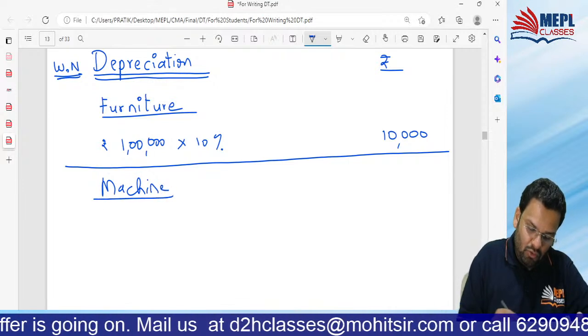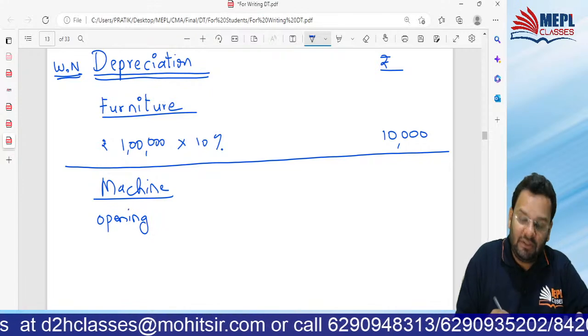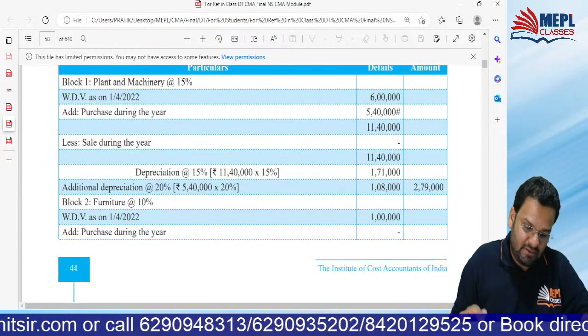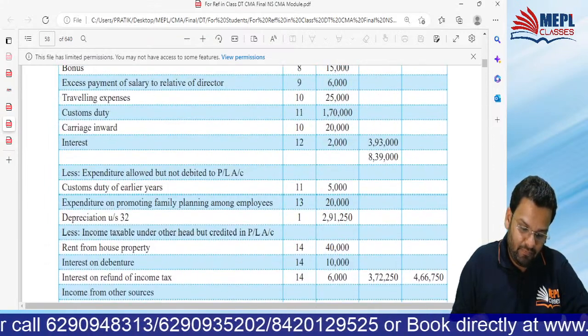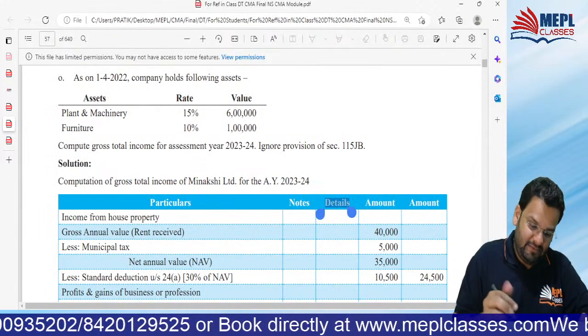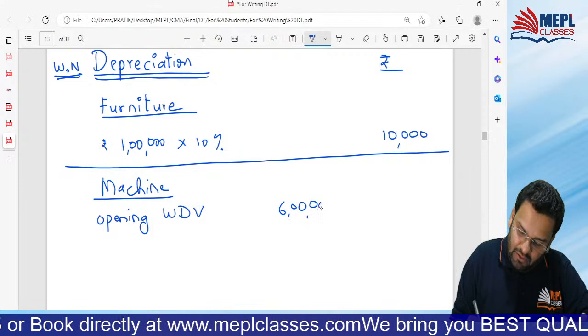Machines opening WDV. Machines opening written down value is given as 6 lakhs. Opening WDV is 6 lakh.